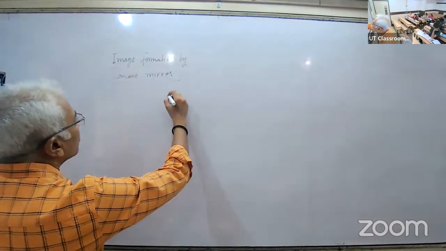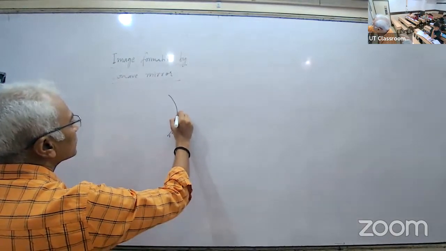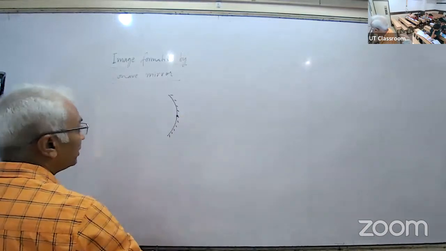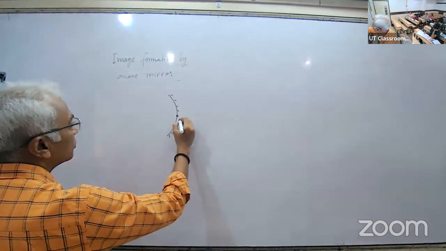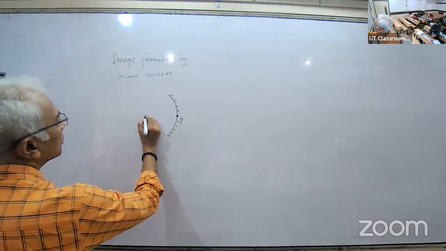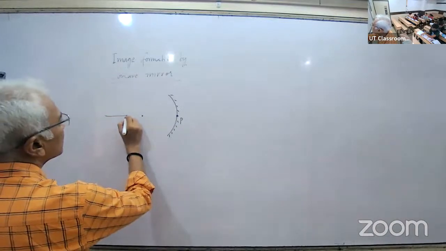To form image, we require at least two rays. Okay. So, which two rays? So, we'll now discuss about that. So, first draw the concave mirror. So, in all the diagrams of image formation by mirror, this is the first thing you will do. Draw the mirror, mark pole, mark center of curvature, and draw principal axis.